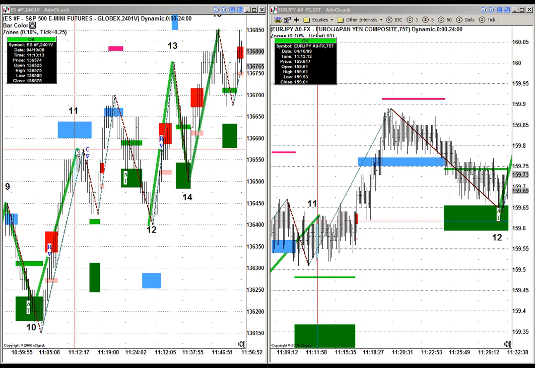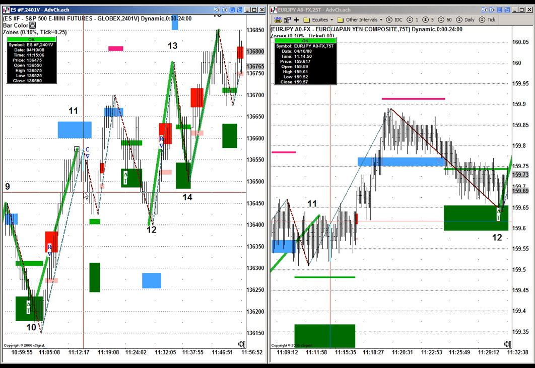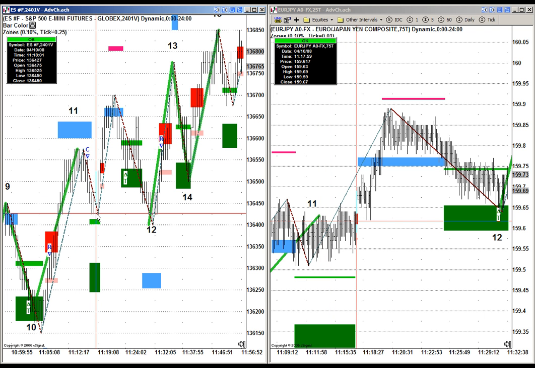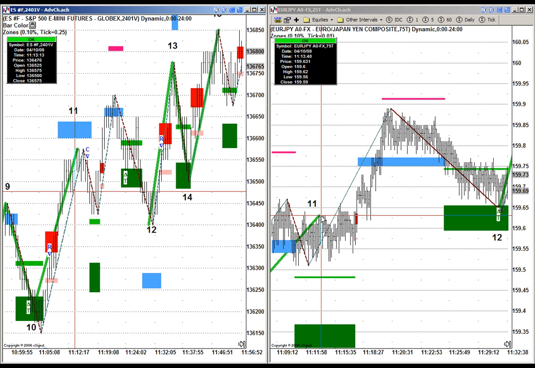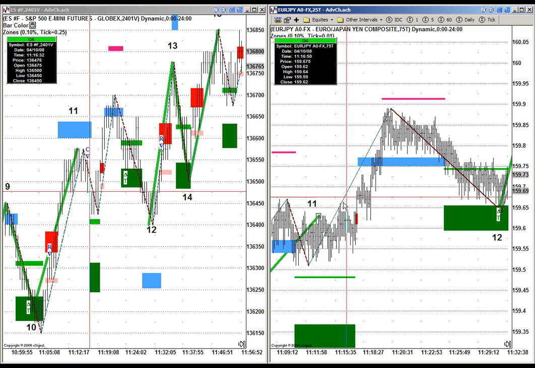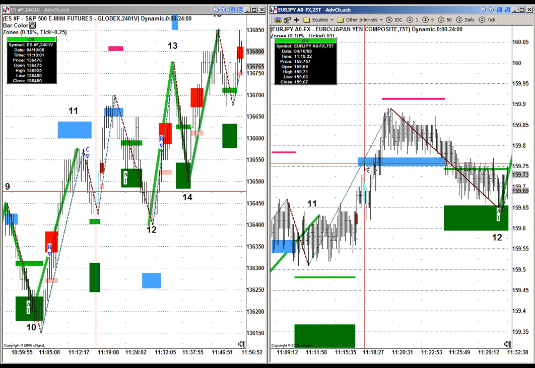At point 11, the market does pull back with some profit taking from here to here. However, as it's done that, the yen from point 11 to trend resistance still has over 10 pips to go before it reaches trend resistance.